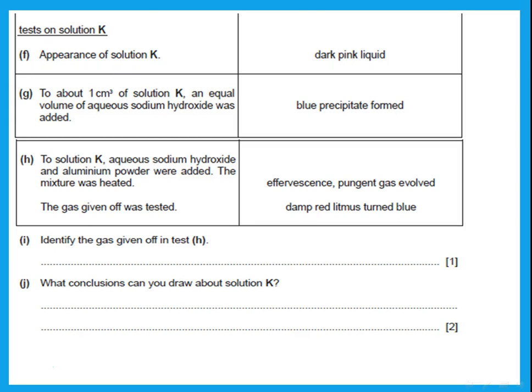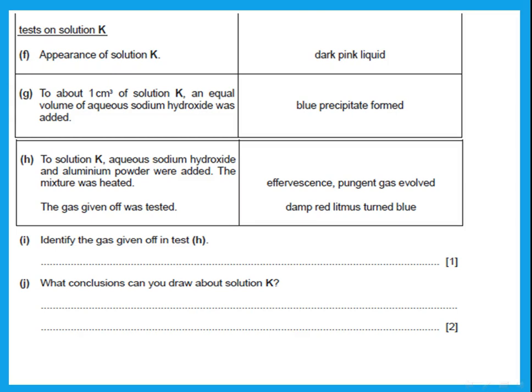This is really confusing because if I get a blue precipitate, we did this as a test for copper, but actually if I have copper in my solution, my original solution should be blue, not pink. So this test just means that I have a transition metal. I'm not going to say it's copper because if it were copper, then the appearance of solution K should have been blue. Do you understand the idea?